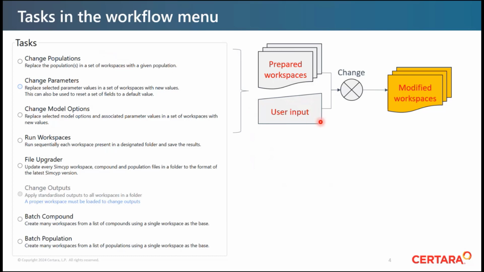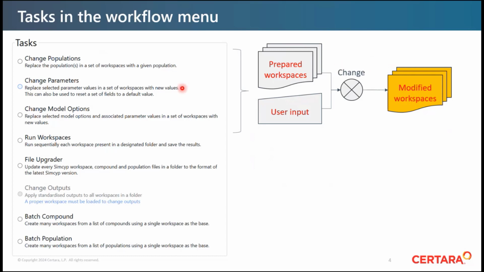You can change that automatically, and this will create modified workspaces. The workspaces that are created in all these operations do not overwrite your old workspaces. They are placed elsewhere, or they have a different name, and they live on your disk.